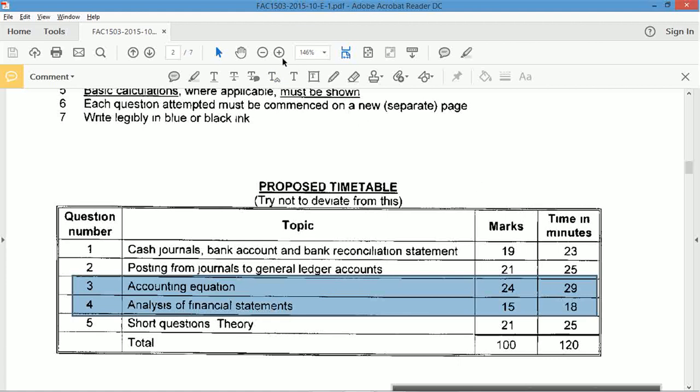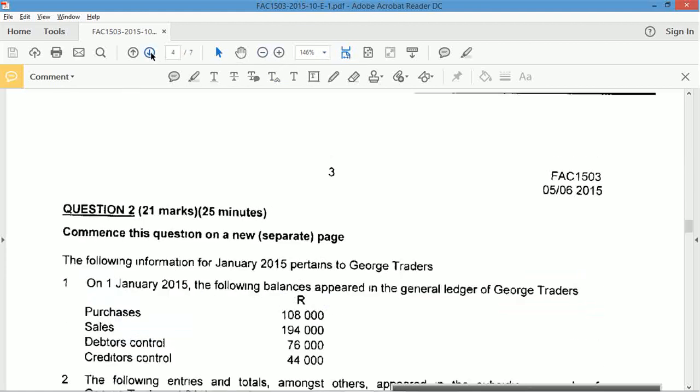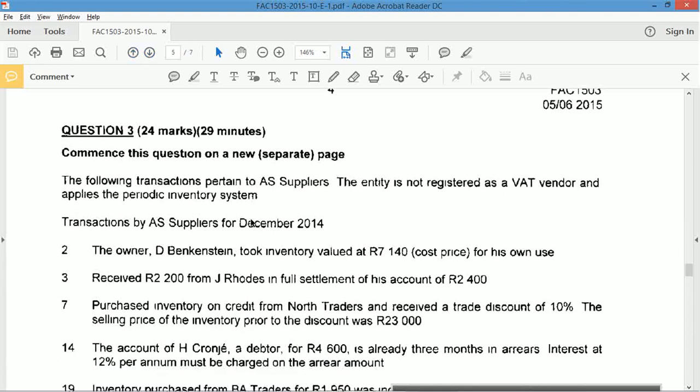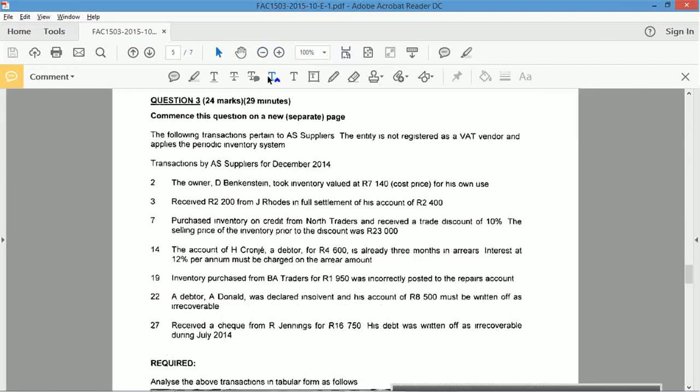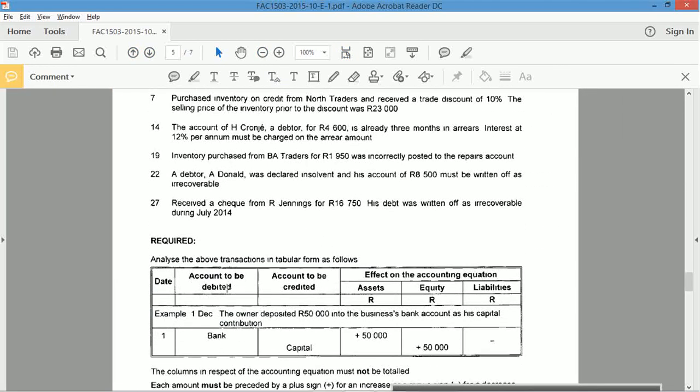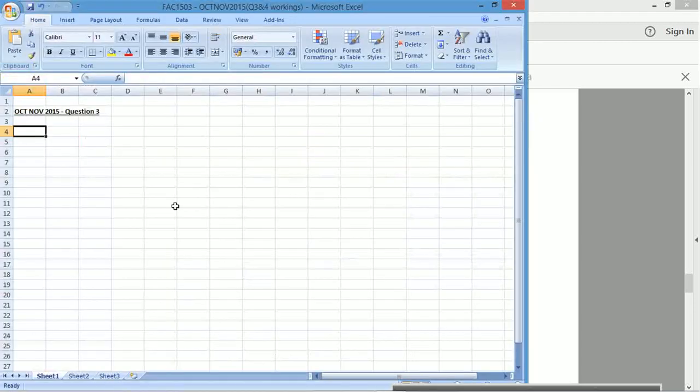Right, so question 3. The required wants us to create an answer in that format, so let's create it.